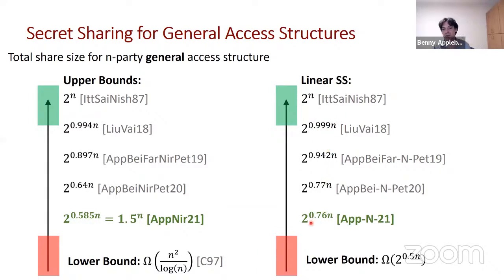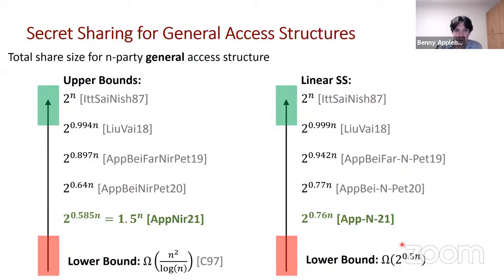In this work, we get an additional minor improvement, and we can reduce the exponent almost to 3/4. I should say that the gap between the upper bound and lower bound is not that large, because we have a lower bound of 2 to the n over 2. So we know that the exponent cannot be below half.